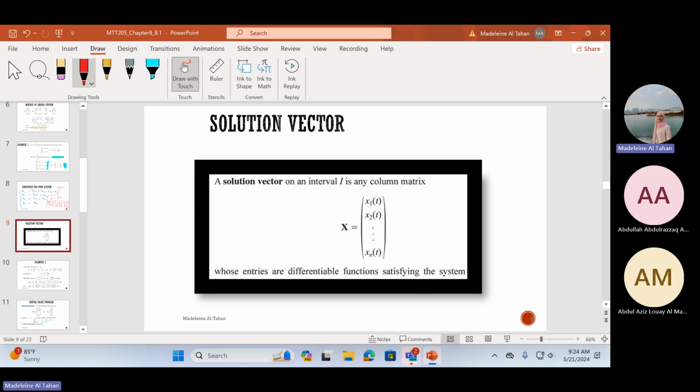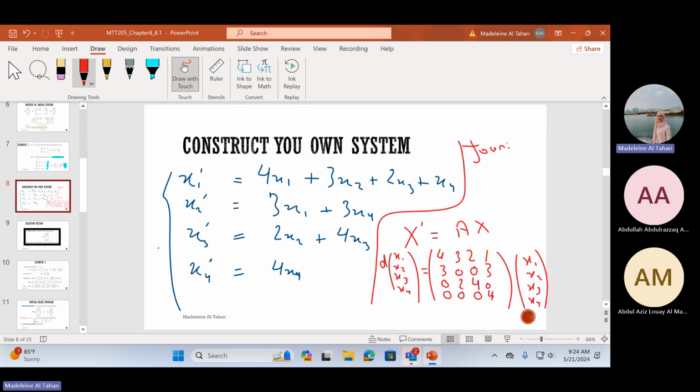Okay, so here the solution is of the form of one vector. How many variables do we have? So I will find the first variable equal to something, the second, the third, and the fourth. So if we go back to the example that Johnny constructed on the board, a solution vector should be one vector. What do we need to find? X1, X2, X3, X4. If you follow only X1, that's incorrect.